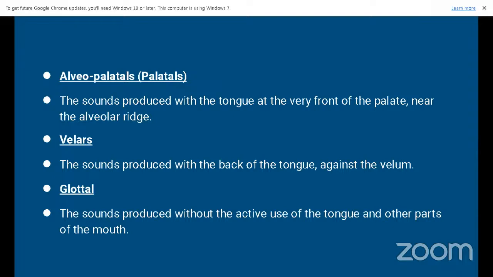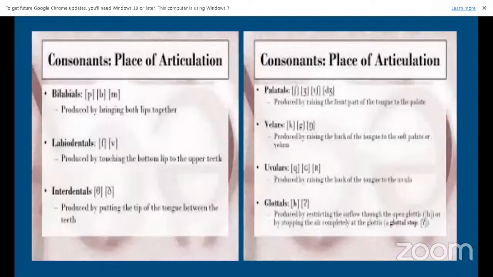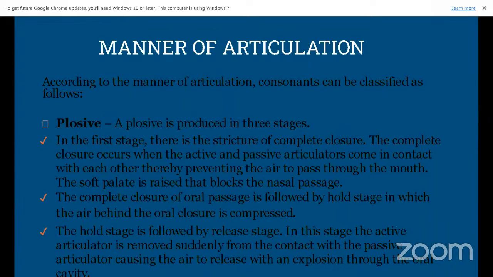Or is there friction? Is it released from the side of the tongue? Or is it hitting the roof constantly? Or just a flap or a tap? All this is called the manner of articulation. Place of articulation is what we have done just now. Please remember those.